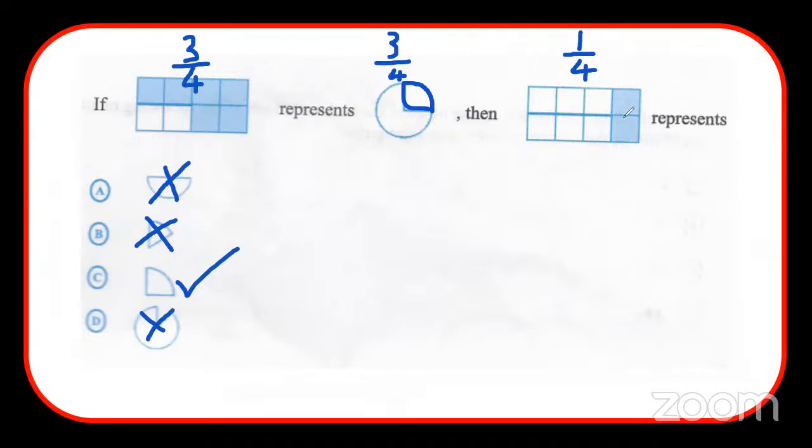And so this last rectangle here is showing a quarter shaded. We're looking for the quarter of a circle that is shown in the answer. So we have this as the correct answer. And I see a lot of you had said C, so you were definitely on the same point as I am. Very good.